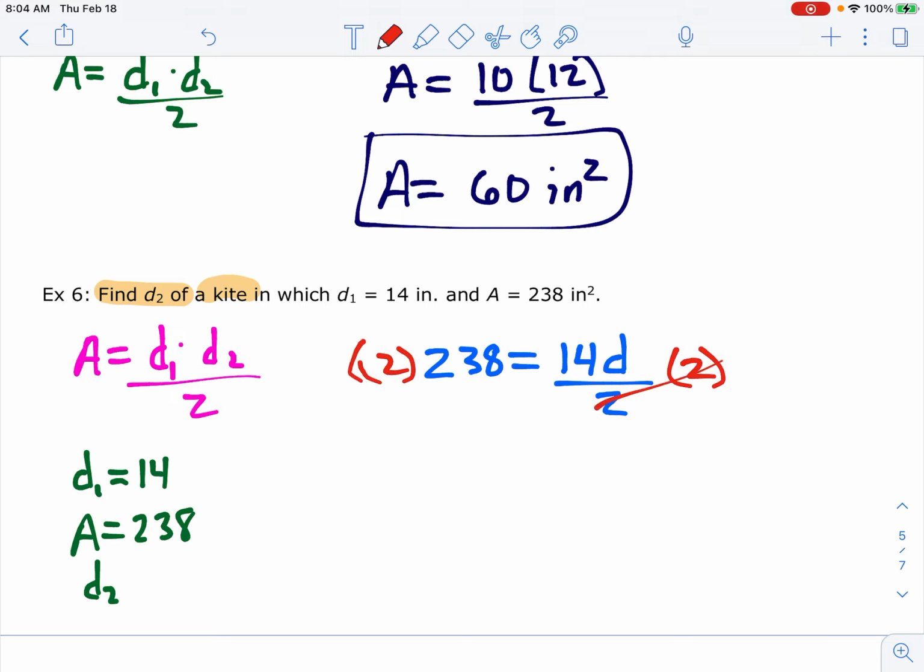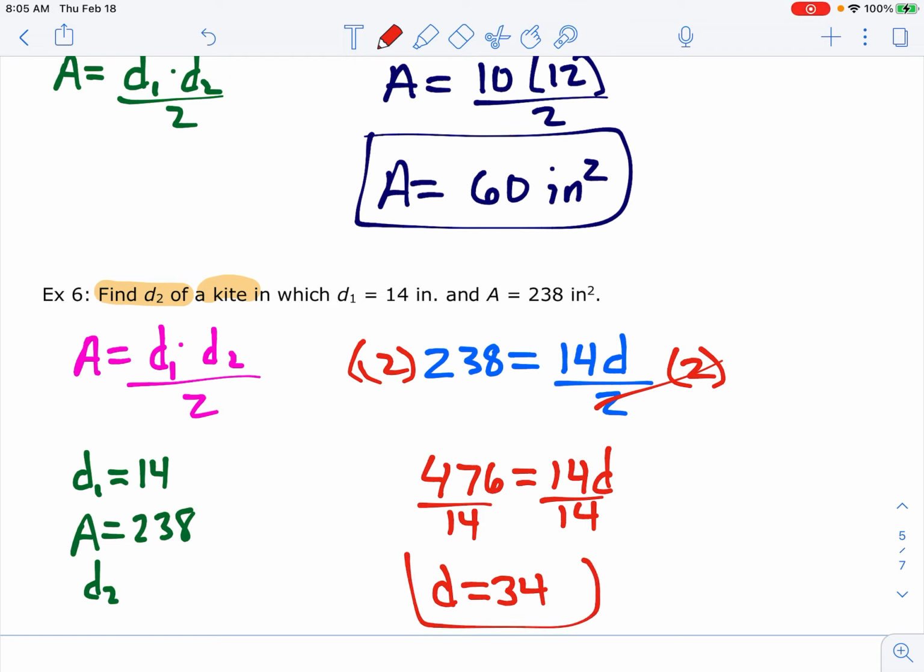All right. If you do that, it will go ahead and give you 476 is equal to 14D. If you divide by 14 on both sides, you get D to equal 34.